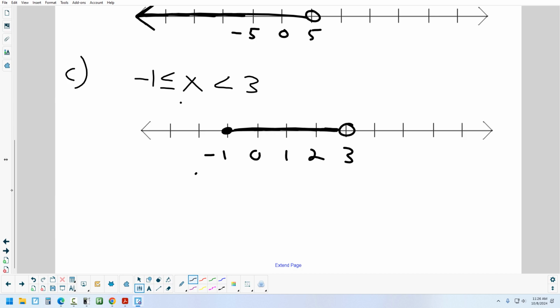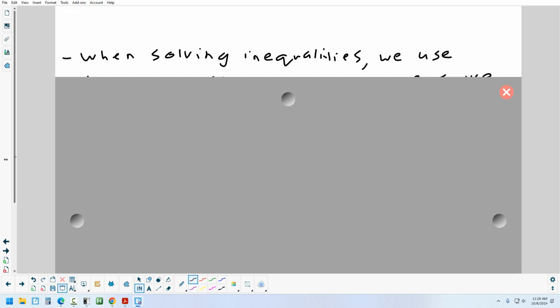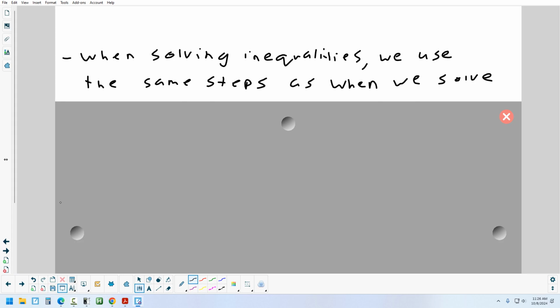Okay, so now we know different ways we can write our answer when we have an inequality. We can graph it, we can write it as an interval, or we can write an inequality with a less than or greater than sign. When you're solving inequalities, it's almost the same as equations. But does anybody remember, if you do something very specific, then you need to do something in your problem? And it has to do with arithmetic.